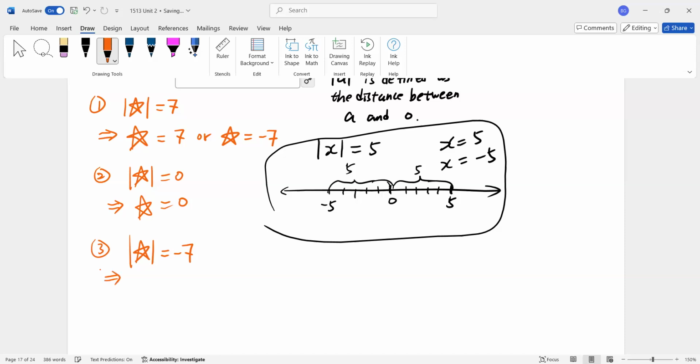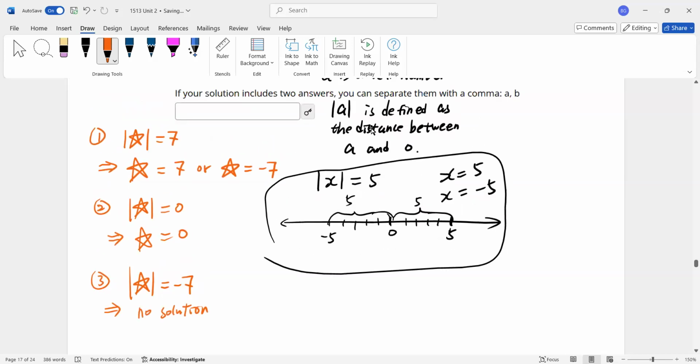Is it just r equals -7 and 7? No. You're going to quickly make the conclusion. The equation has no solution. Okay? You're going to quickly make a conclusion. The equation has no solution because do you remember what I said earlier?